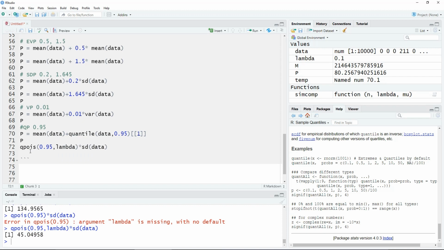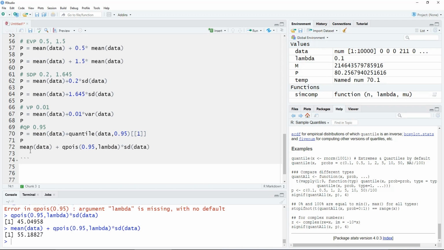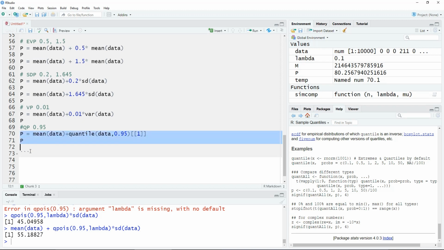This is 45, and if we use the mean data, it will be only 55, right? No, okay, we will stick with this definition here. Alright.